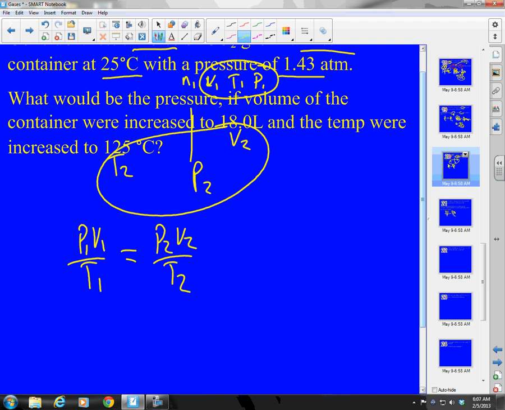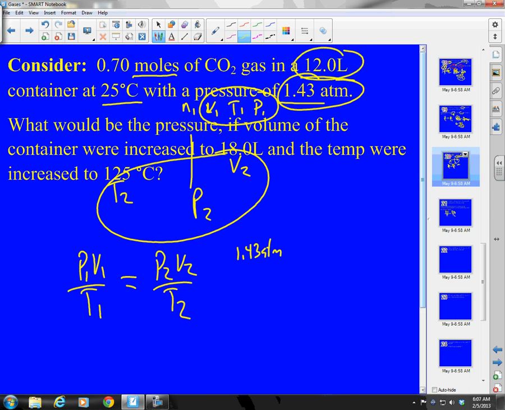P1 V1 over T1 equals P2 V2 over T2. Okay. Here's my P1. So I have 1.43 atmospheres, and we gotta watch our units. V1 is 12.0 liters.